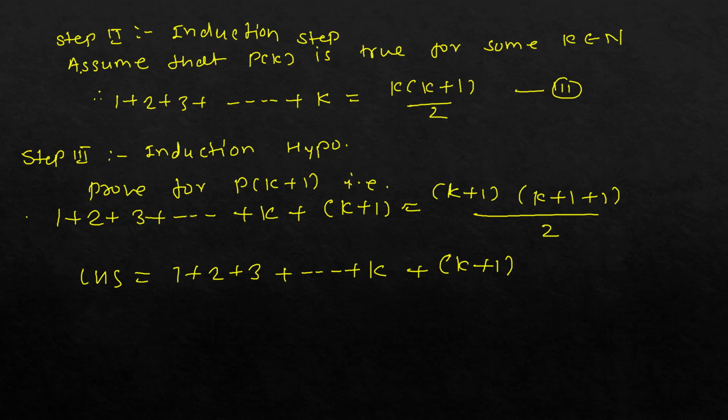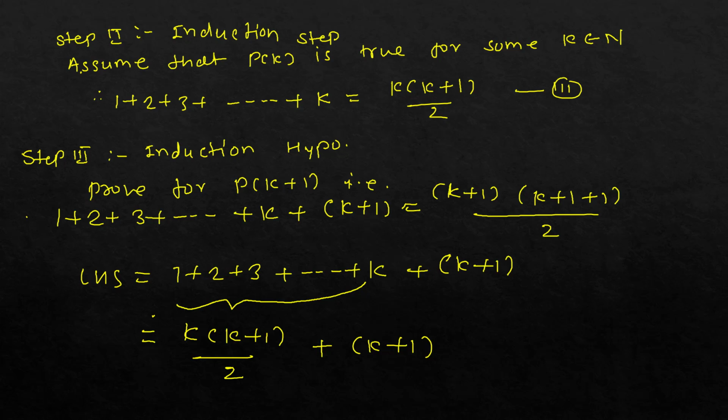Now see this term from 1 to k, from this term to this term. Yeah, आपका step number 2 है, right? That is the induction step. So this term is equal to what? From equation number 3rd, k(k plus 1) upon 2, then plus k plus 1.